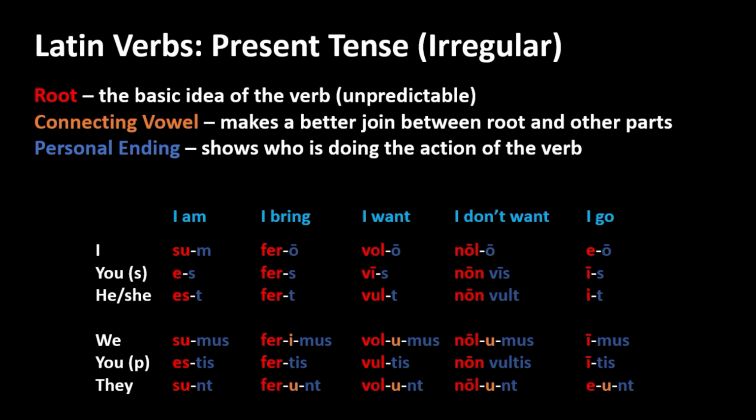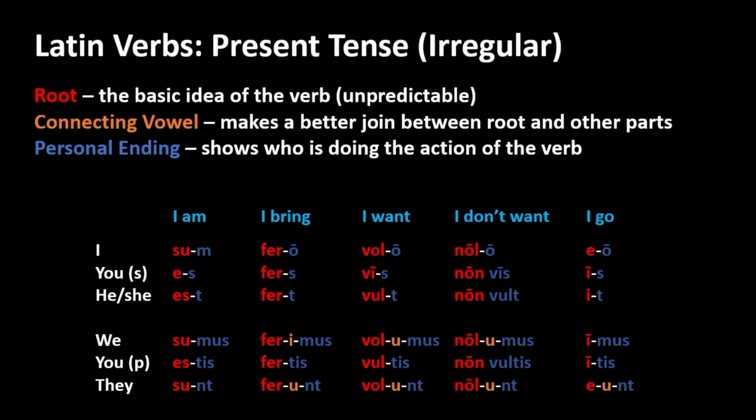Do spend some time looking at this table. I have said on several occasions, and I'll repeat now, that if you look at any one part of any of these verbs, you will not be able to predict any other part of the same verb. This is what makes them irregular. This is what makes them, in contrast to the regular verbs, necessary to be learned.